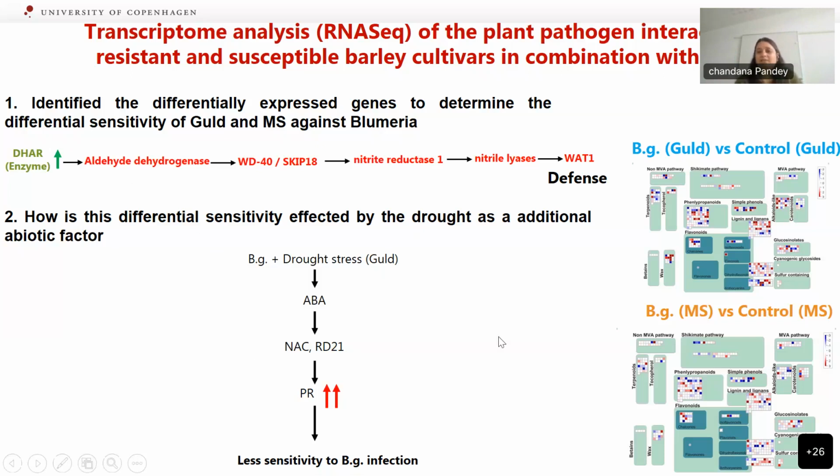For the combined effect, yes, ABA is very important for drought, and that's where we are also finding that the Plumeria pathway under drought stress is regulated by the ABA pathway through a different downstream pathway.